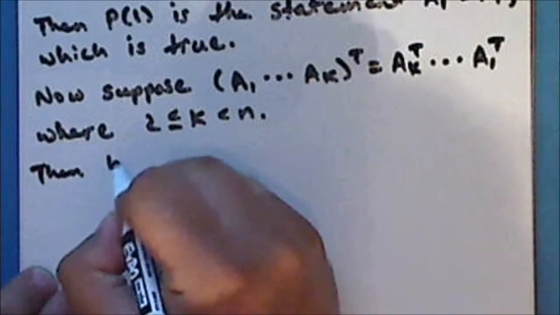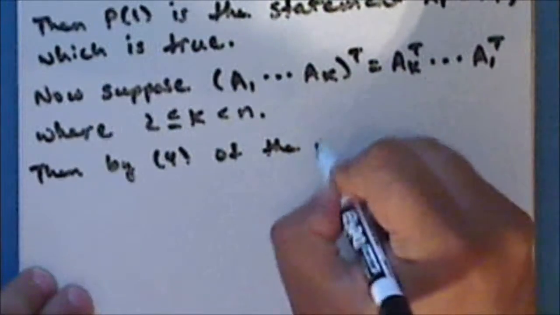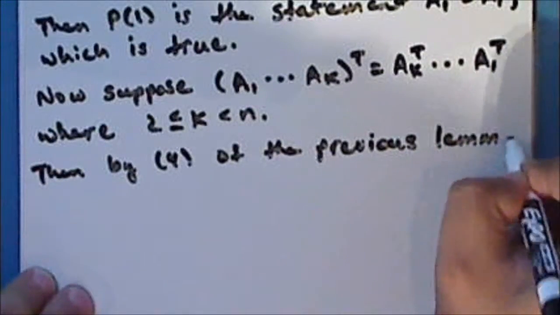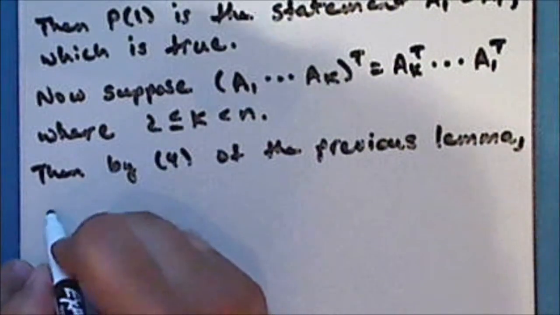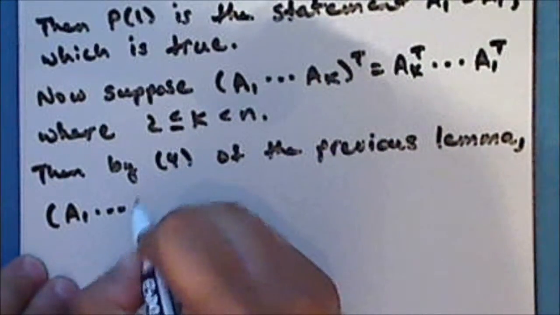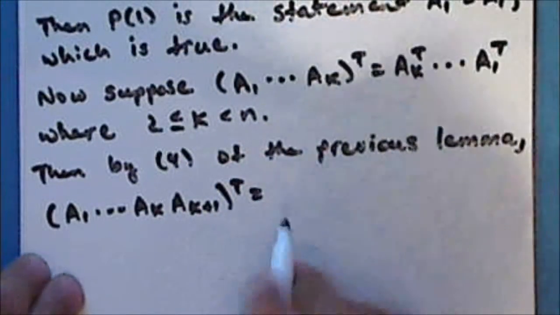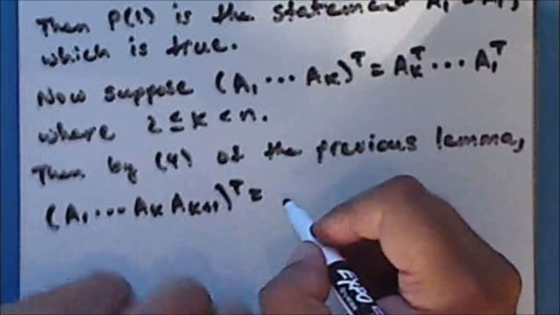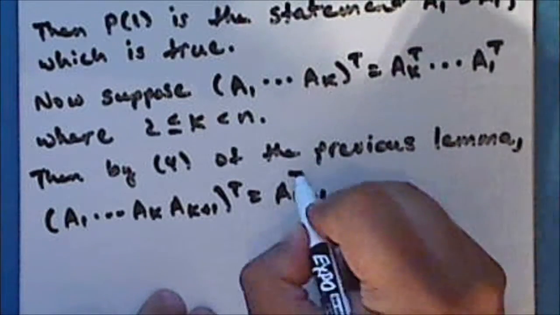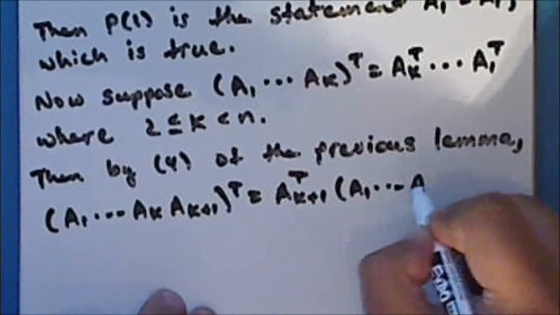Then, by part 4 of the previous lemma, we have that the transpose of the product A sub 1 through A sub k times A sub k plus 1 is the product of the transpose of A sub k plus 1 with the transpose of the product A sub 1 through A sub k.